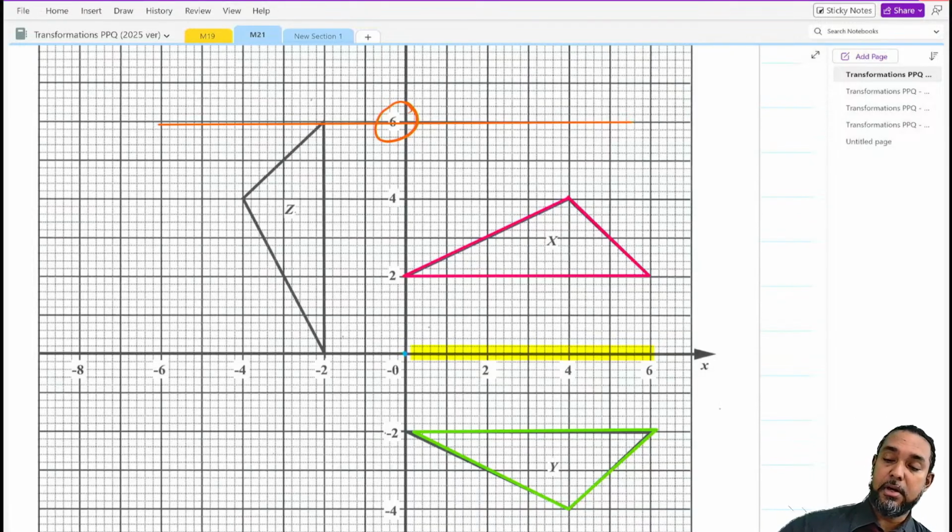No matter how far to the left or right you go, let's say we pick this point, the x coordinate is 2. What would the y coordinate be? 6. If I pick this point instead, the x coordinate is 3, but the y coordinate is still 6. On this side, the x coordinate is -5, but the y coordinate is still 6. So if you have a perfectly horizontal line, it passes through the y-axis.